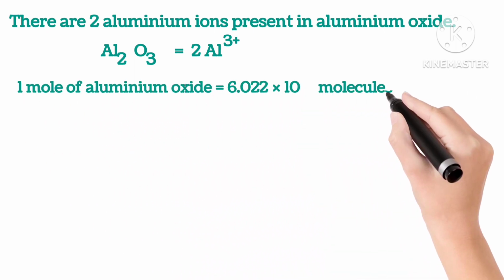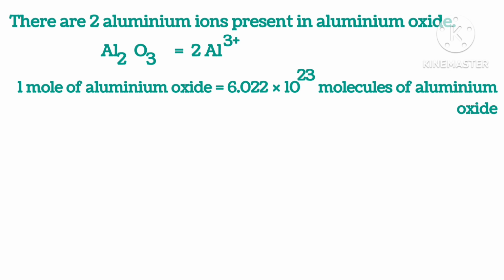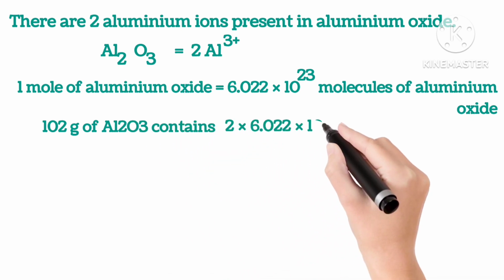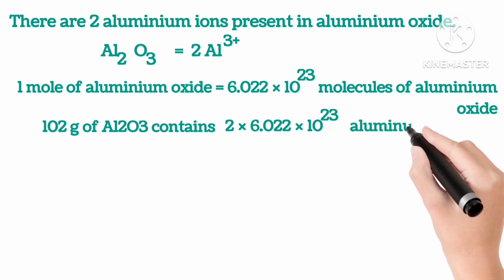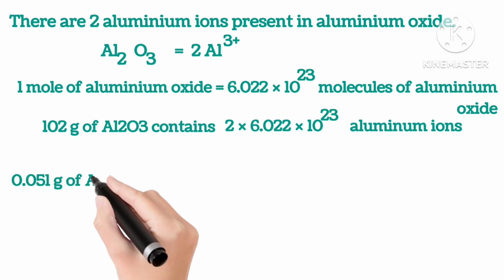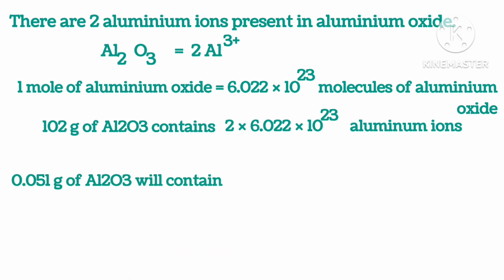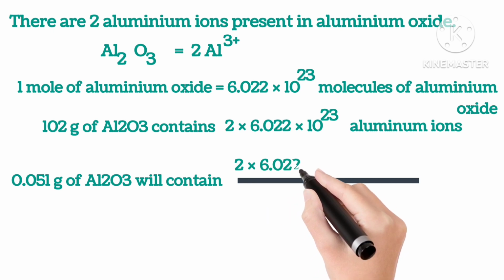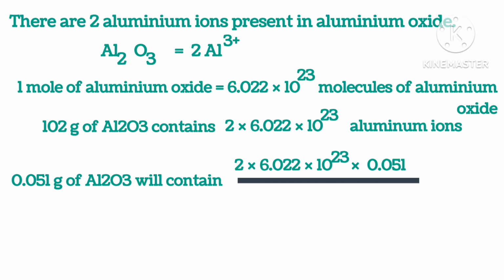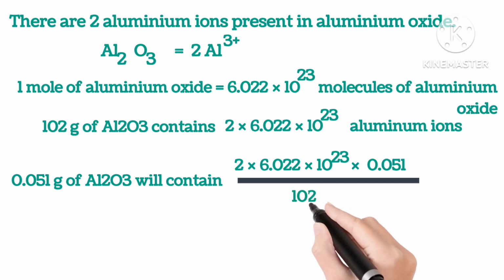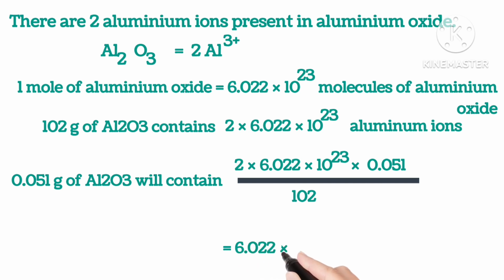So 1 mole of aluminum oxide is 6.022 into 10 to the power 23 molecules of aluminum oxide. So 102 grams of aluminum oxide contains 2 into 6.022 into 10 to the power 23 aluminum ions. So 0.051 grams of aluminum oxide will contain, writing down the formula, 2 into 6.022 into 10 to the power 23 into 0.051 upon 102, that will be equal to 6.022 into 10 to the power 20.